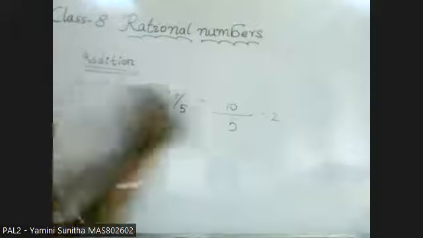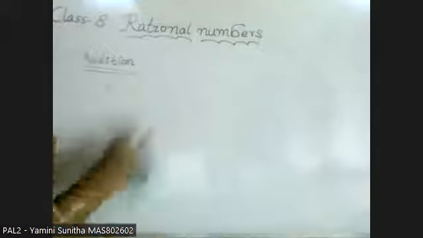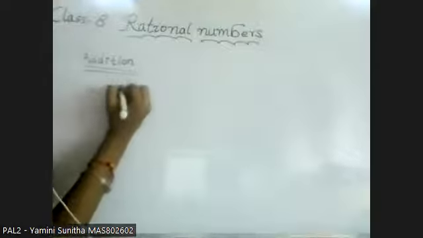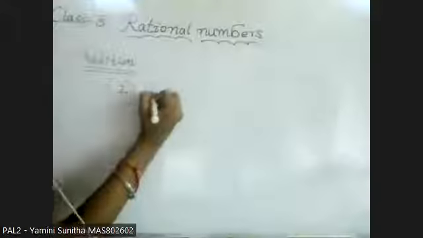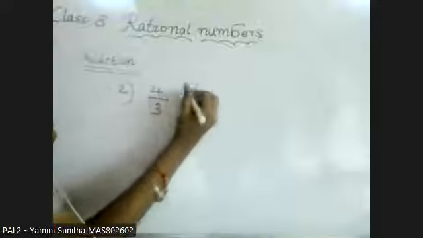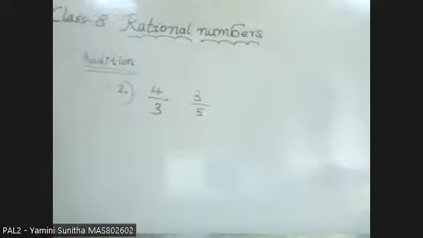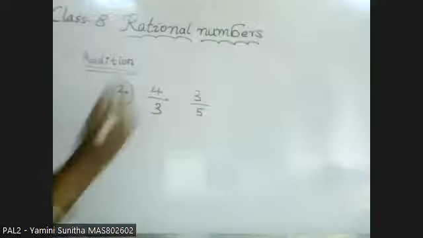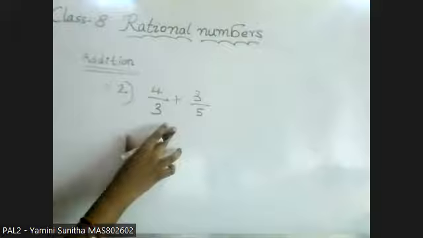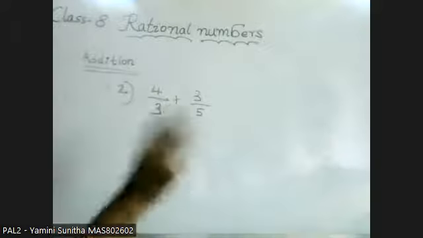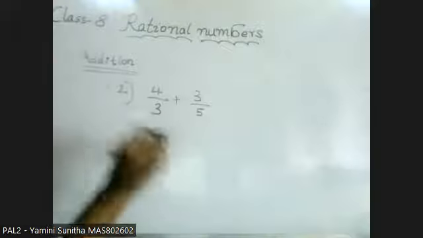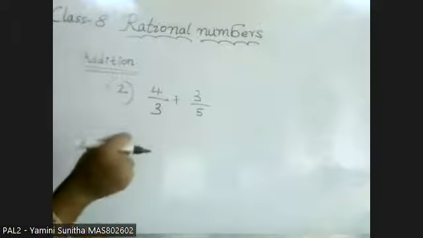And let us take another example. For example, 4 by 3 and 3 by 5. Now if we add, first you have to check whether the denominators are equal. Here the denominators are not equal. Then what do we have to do? We have to equate the denominators.